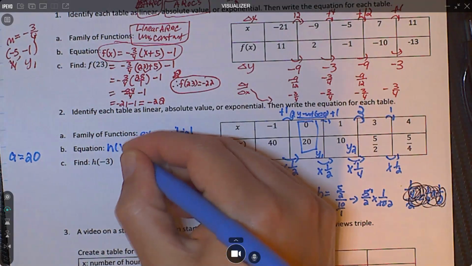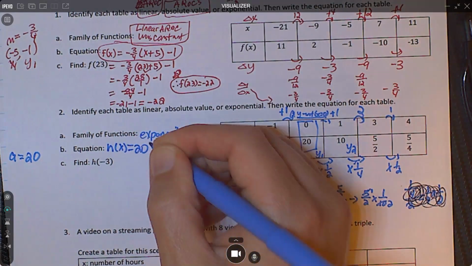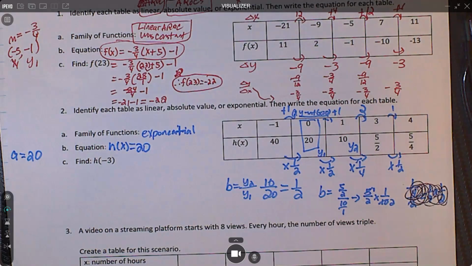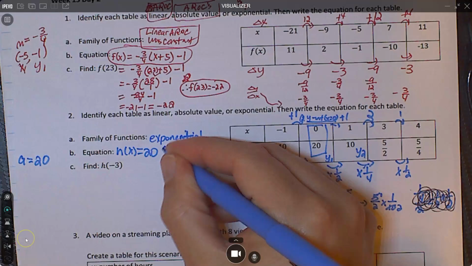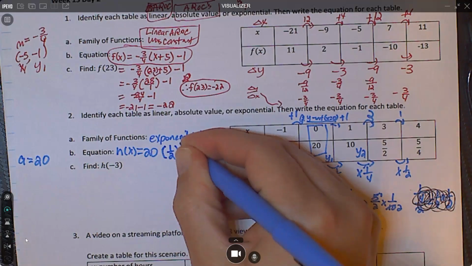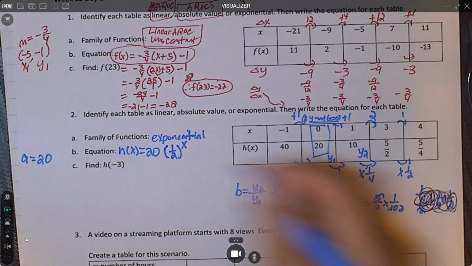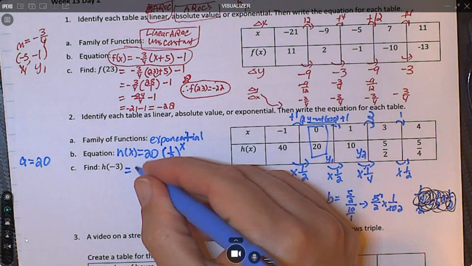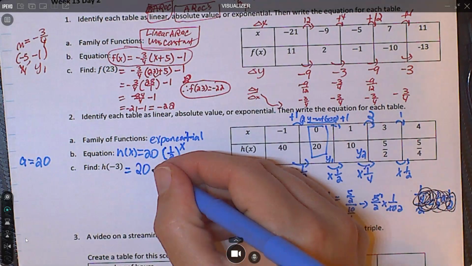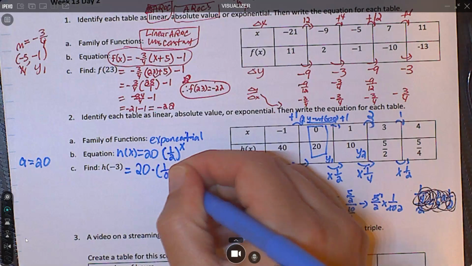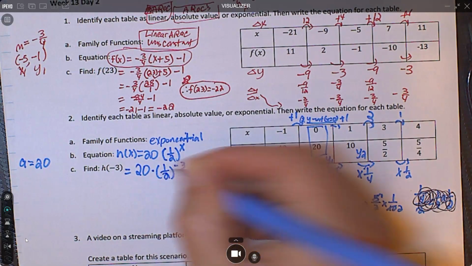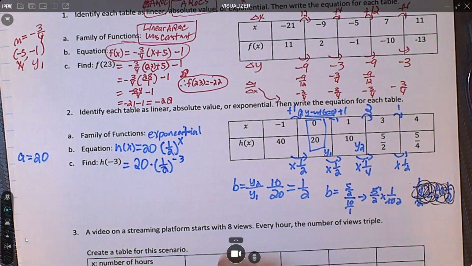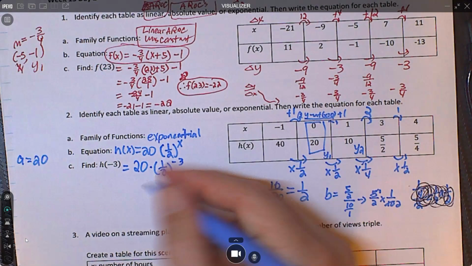H of x equals 20 times 1/2 to the x. 20 times 1/2 to the -3.